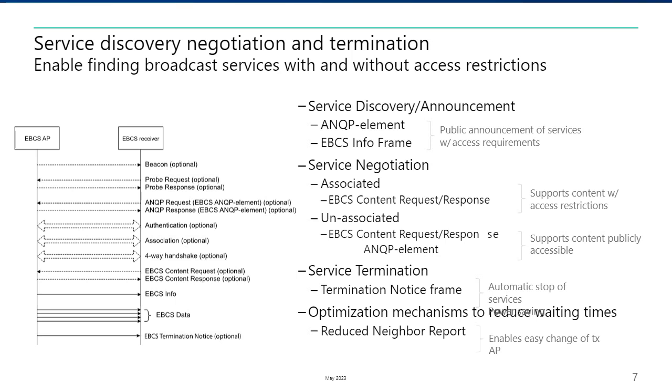So on the left side, you see a typical frame exchange that your Wi-Fi device conducts today when associating or discovering available access points. Regarding the broadcast service amendment, you have the ability to probe an access point via probe request or responses to detect the availability and also to request the access point if there are any broadcast services supported by this access point and available here.